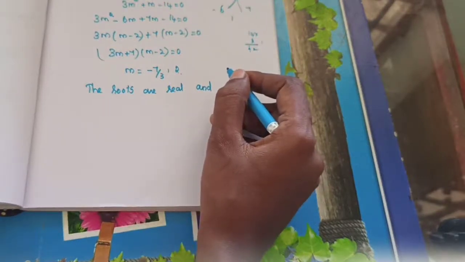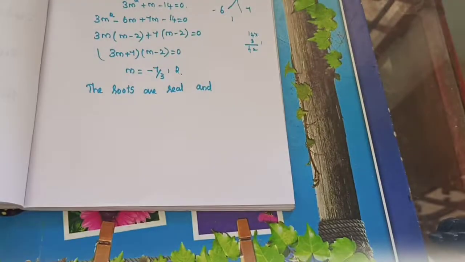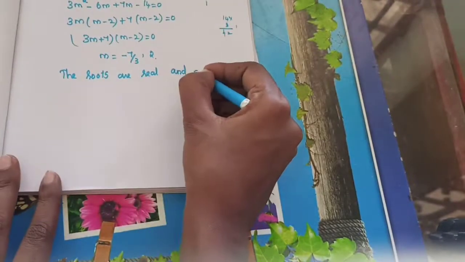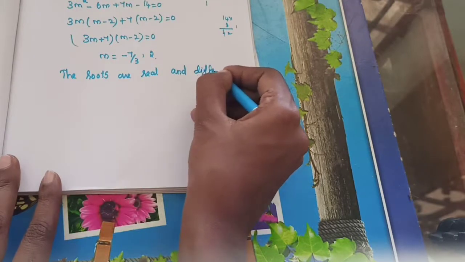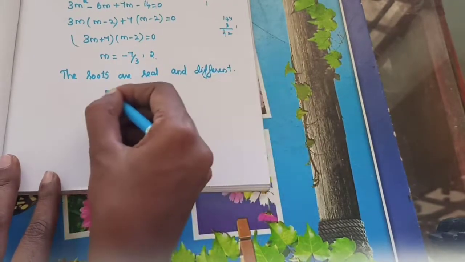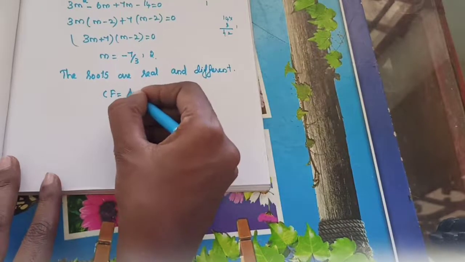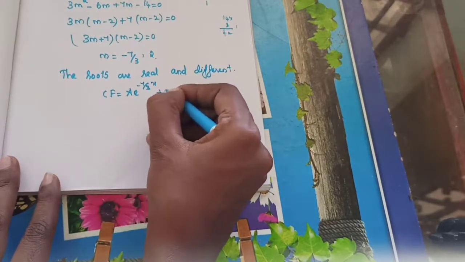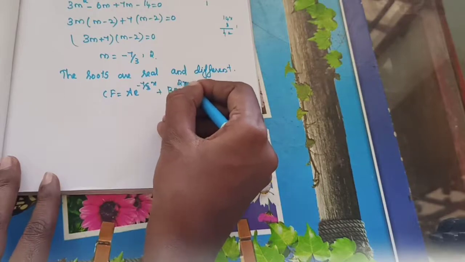The roots are real and different, is it right? So what is CF? A e power minus 7 by 3 x plus b e power 2x.